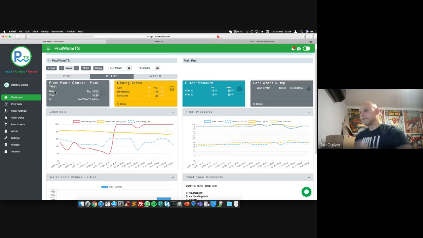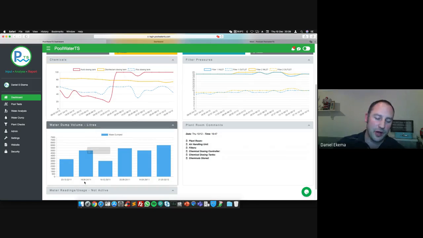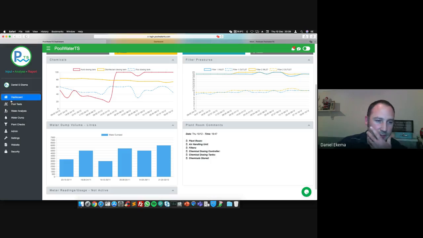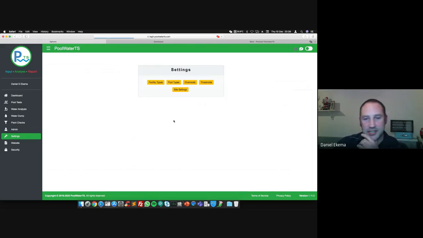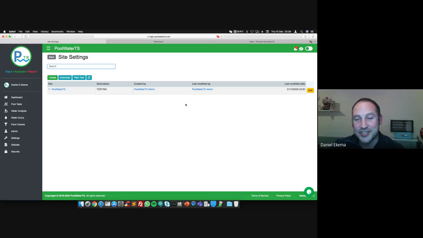And some sites, Dan, use it to log meter readings as well, don't they, I believe? Yeah. There is a graph here which isn't yet ready, but on the pool test form there is an option to put it. It won't be on this view because I've set it so that you can't. In the site settings, they can choose how they want all the fields to be populated on the form.